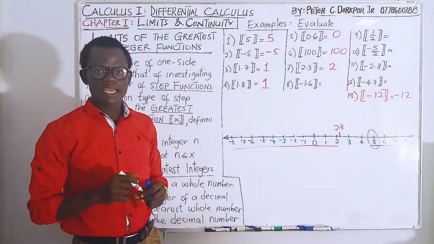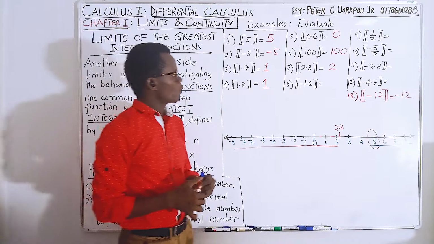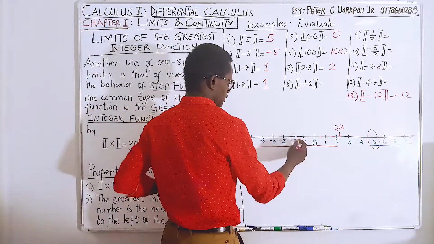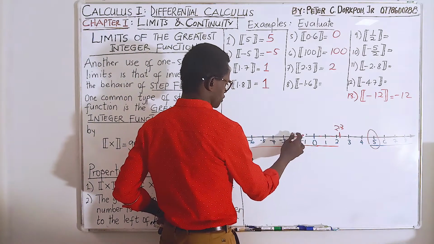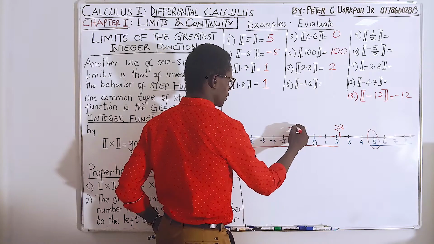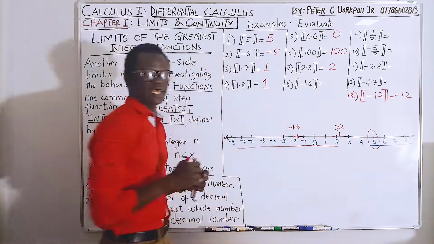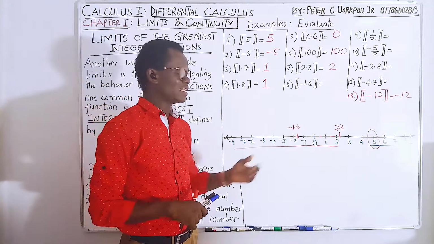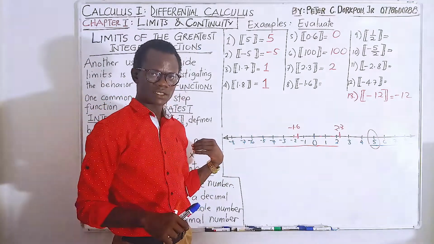Now let's move to the negative portion. Why don't we have negative 1.6? Now this side is the negative side. So negative 1.6 should be somewhere around here. So negative 1.6. What are those integers that are less than negative 1.6?